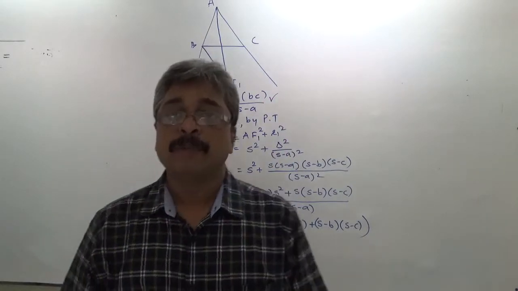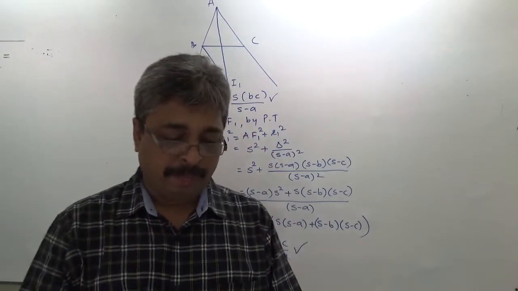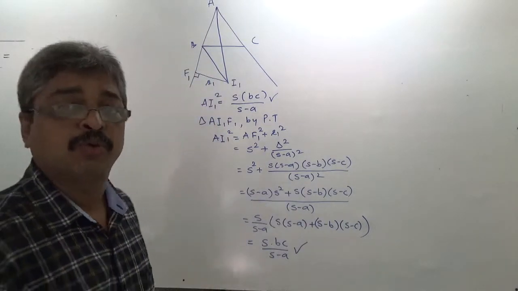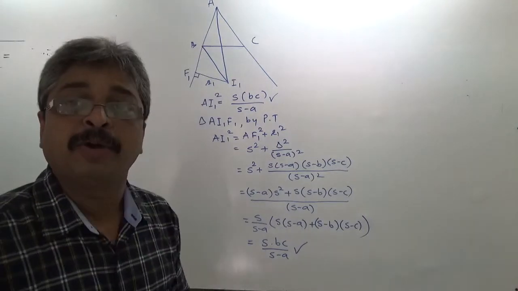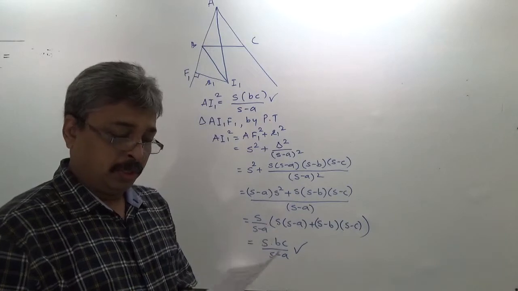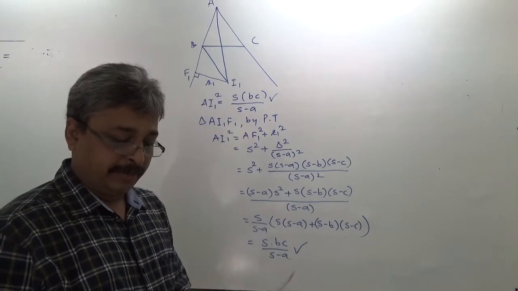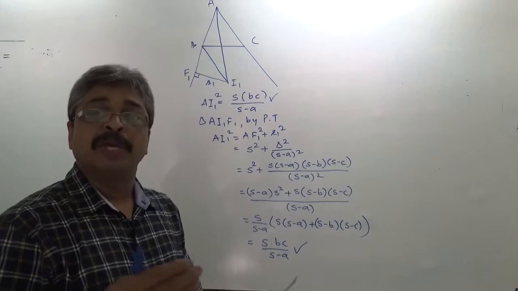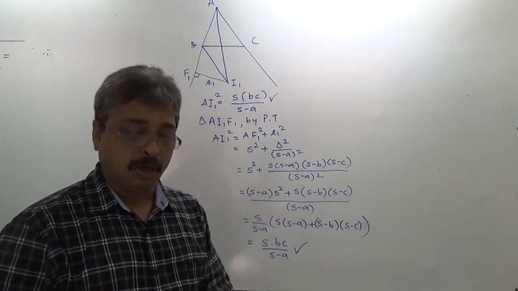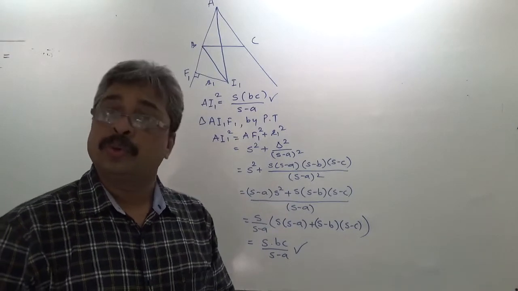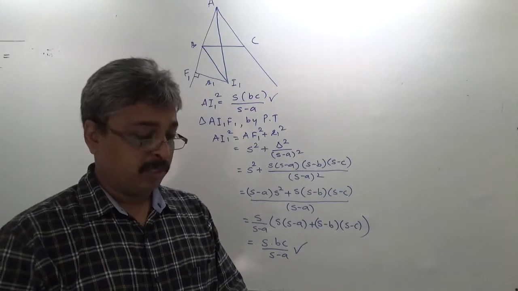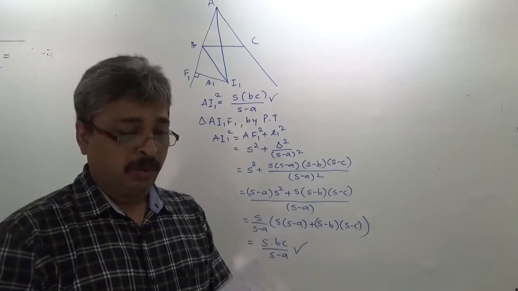So this is all about finding out how much AI1 is. I am sure that after I have shown you how to find AI1, you will be able to do AI2 and AI3 independently. Now by cyclic symmetry, all remaining expressions, that is BI, BI1, BI2, BI3, CI, CI1, CI2, CI3, all of them you should be able to do. Now, this is everything about lecture number 17.